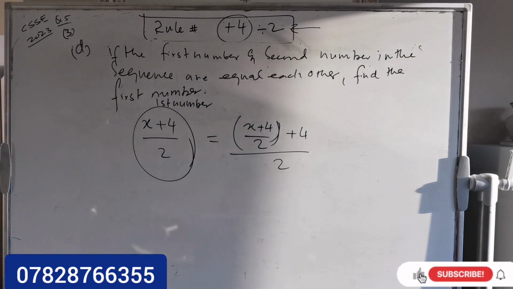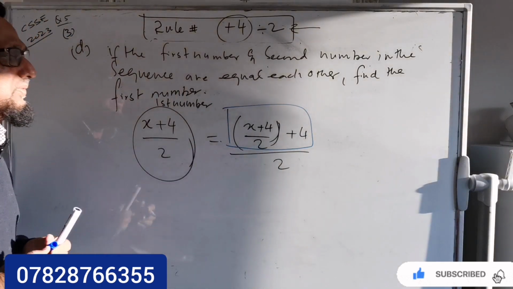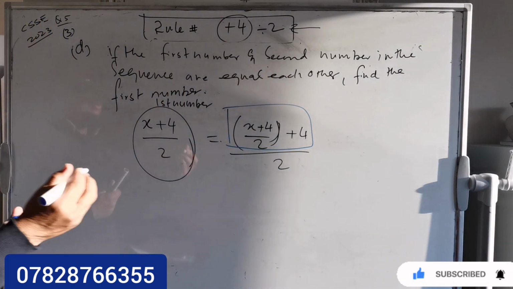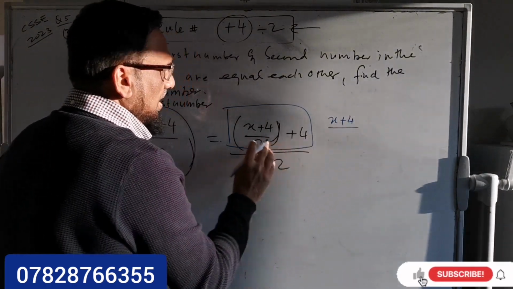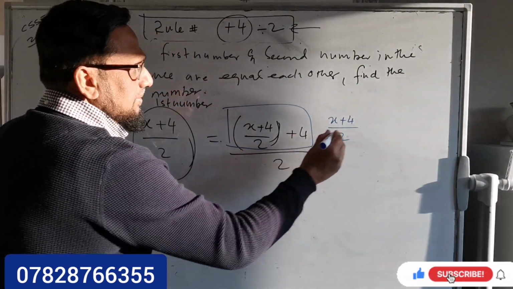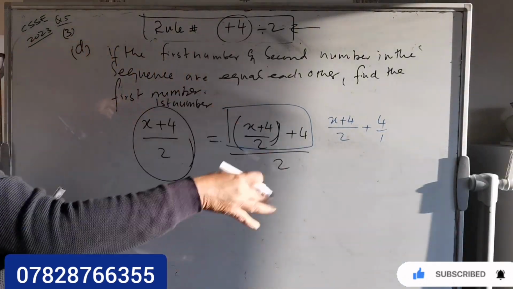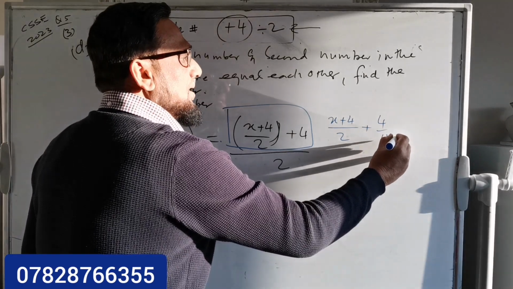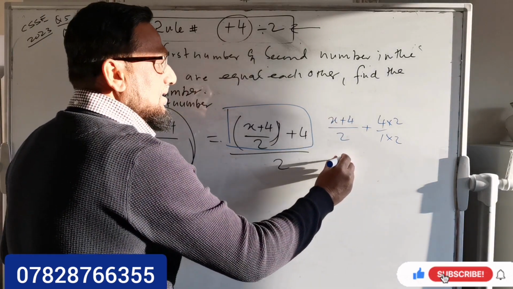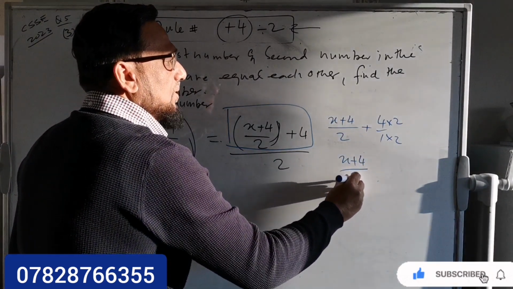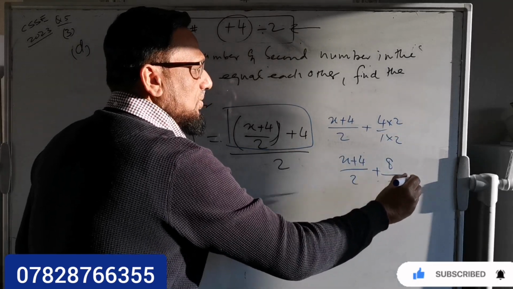First, the numerator. How do we solve this one? Open the bracket: x plus 4 divided by 2, and plus 4. No number means 1. Make the same denominator by multiplying by 2. So x plus 4 divided by 2 plus 4 times 2 is 8, and 2 times 1 is 2.